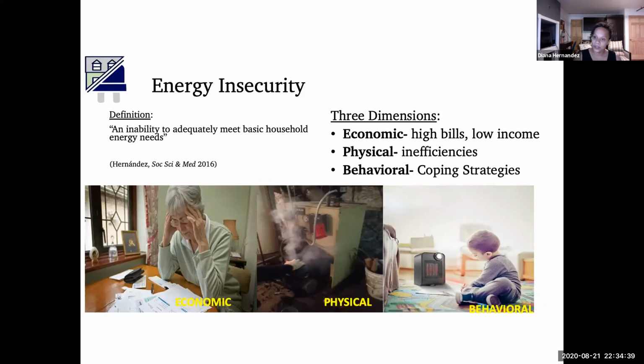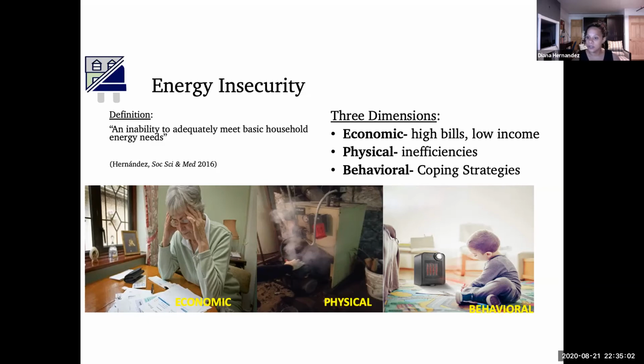So food insecurity, most people understand it to be an inability to adequately meet their food and nutritional needs. Energy insecurity is a parallel concept, and it's the inability to adequately meet basic household energy needs. And it has three dimensions. So it's high bills and low income, which is an economic dimension.